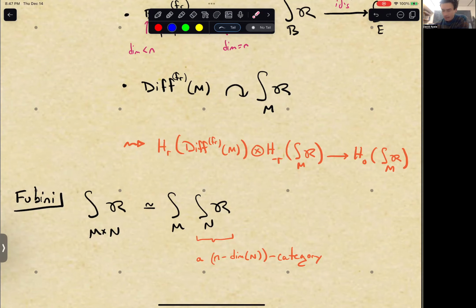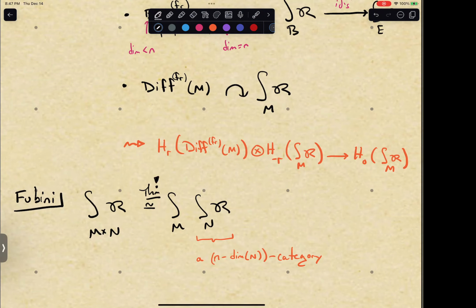And so the right-hand side here indeed makes sense. And this is another theorem. It's not straight from the definitions. And of the theorems I've mentioned so far, this one is among the harder ones.